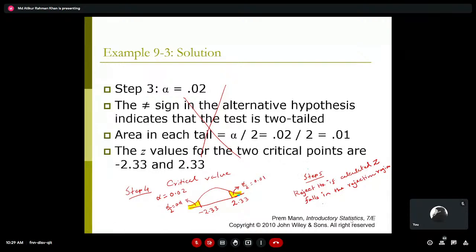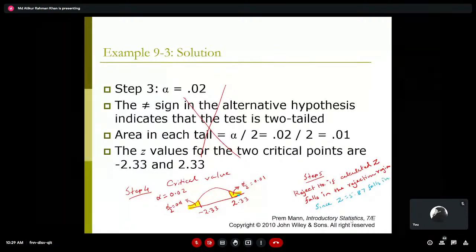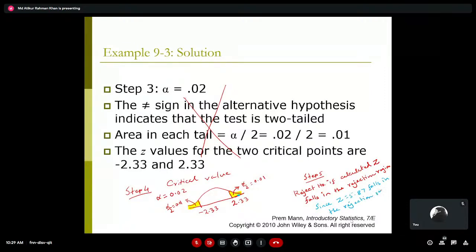So you can find that since Z equal to 5.87 falls in the rejection region, we reject the null hypothesis.